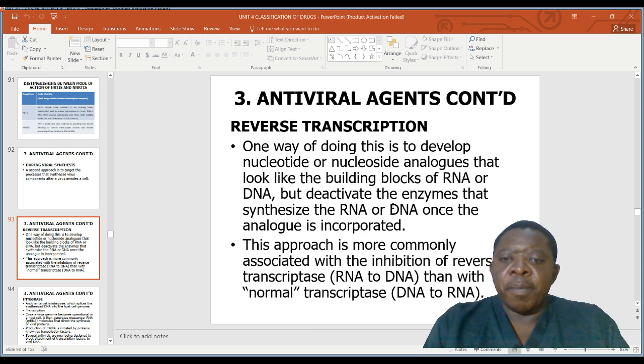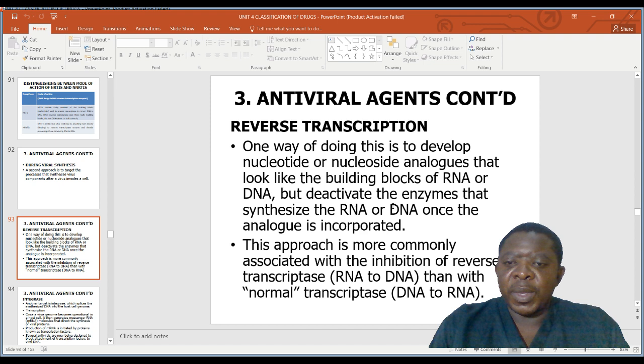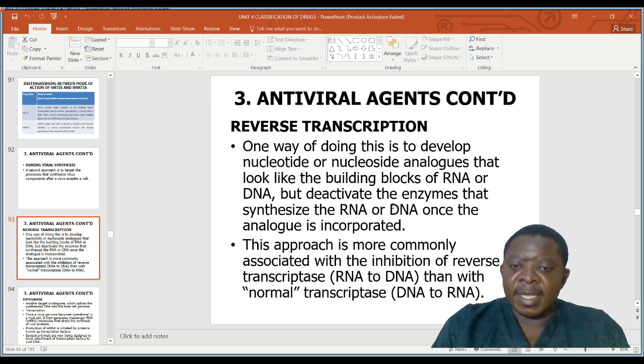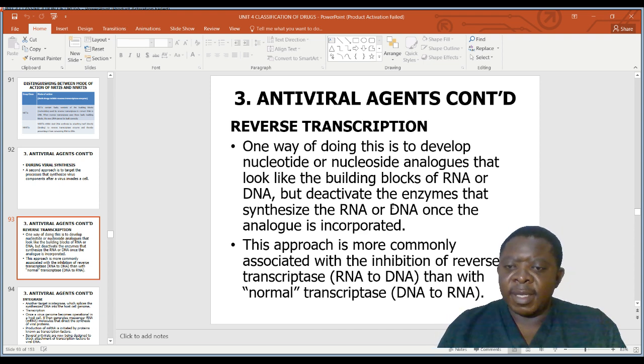This approach is more commonly associated with inhibition of reverse transcriptase, an enzyme which the HIV virus uses. So it prevents the conversion of HIV RNA to the host DNA, unlike the normal transcription of DNA to RNA.